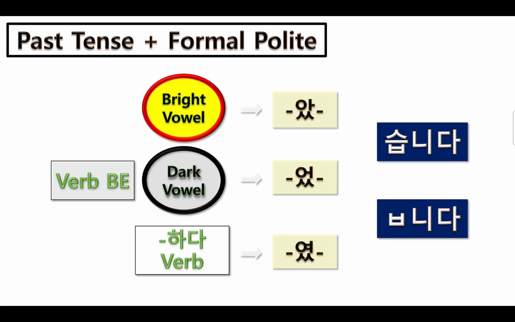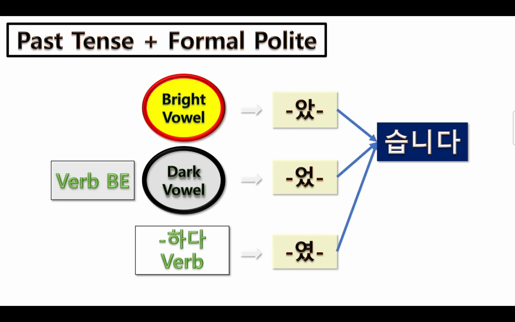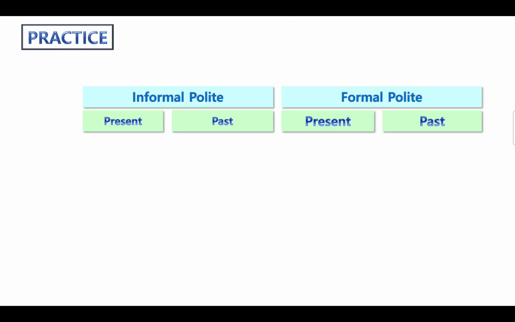When the syllable in front of 습니다, ㅂ니다 has 받침, 습니다; no 받침, ㅂ니다. As you see, 았, 었, 였 all of them have 받침. So that's why behind 았, 었, 였, we are going to choose 습니다. So 았습니다, 었습니다, 였습니다.